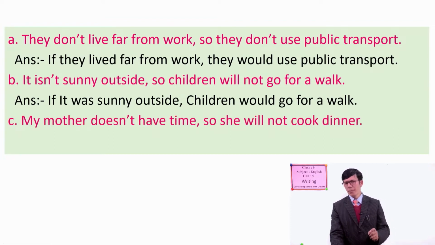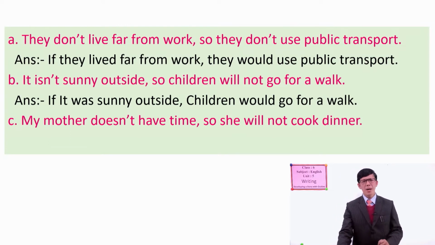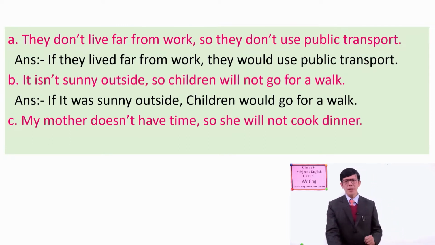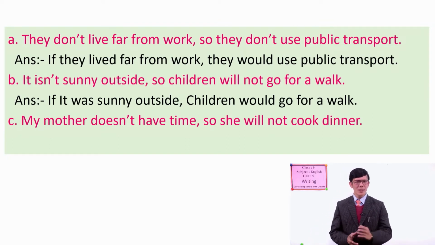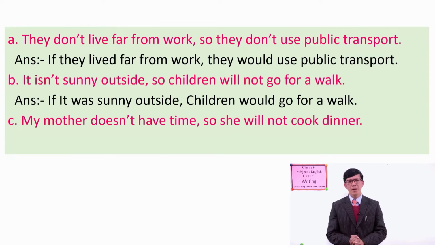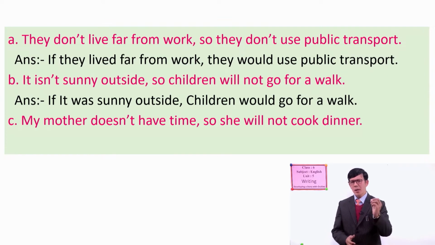Okay, number B done. Now let's see number C. My mother doesn't have time, so she will not cook dinner. Now, how do you change it, as we did in A and B? You have to make the verb into its second form.